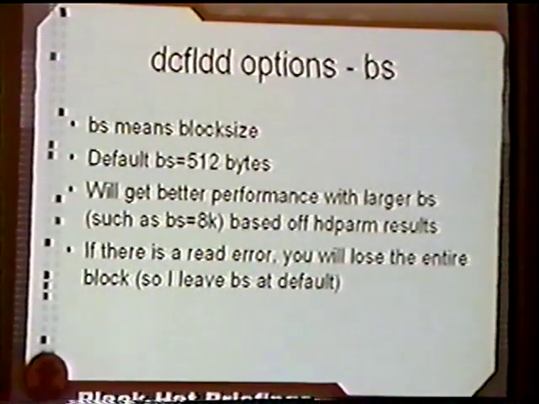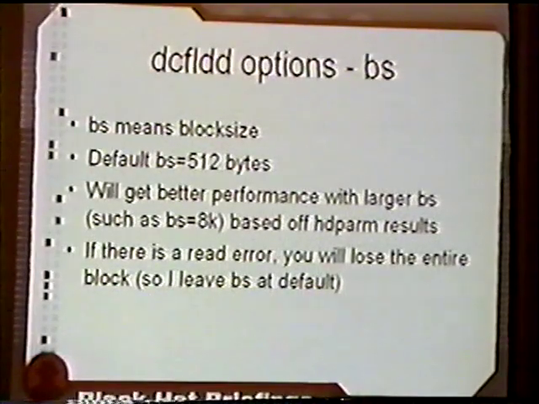Okay, there's another option called bs, which is one that I don't actually use, but I wanted to mention it. It means block size, not anything else. The default is 512 bytes, basically one sector, which is the smallest amount of data you can reasonably get off of a hard drive anyway. You can get better performance by increasing the block size.